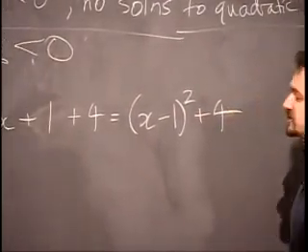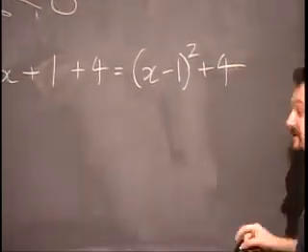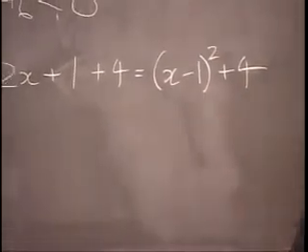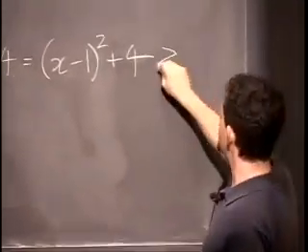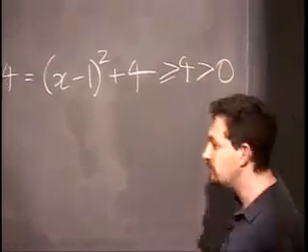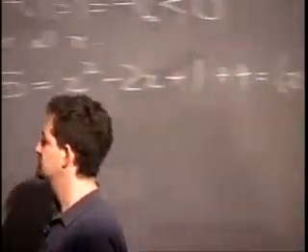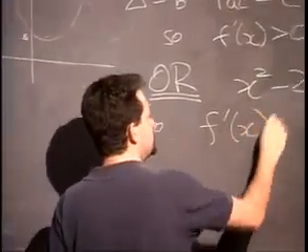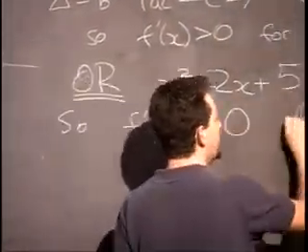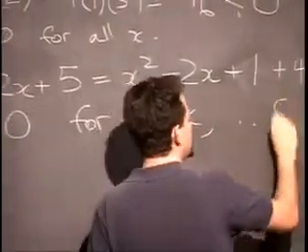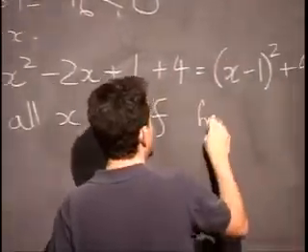And if you write it in this form, remember this is the derivative of the original function, you see that it's 4 plus something squared. So in fact, this must be at least 4, which of course is positive. And that's true for all x. So we have shown that the derivative is positive for all x. Therefore, f has an inverse.